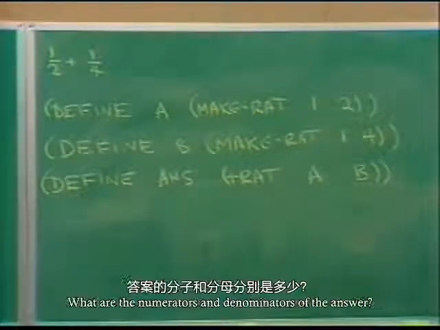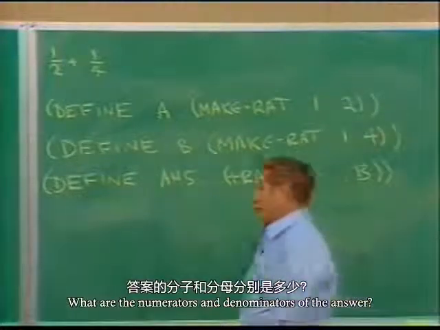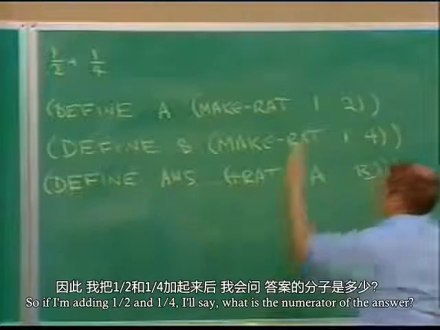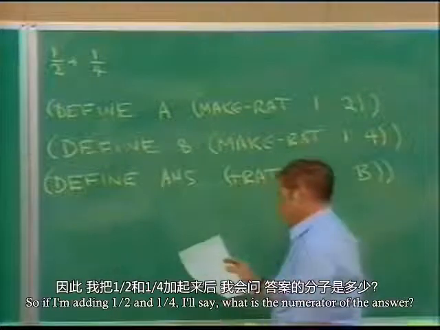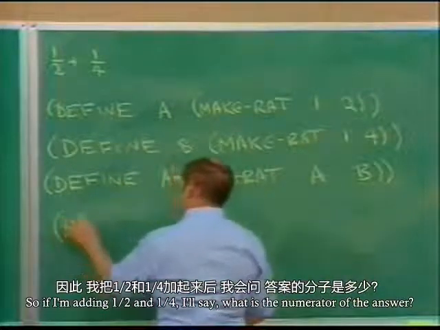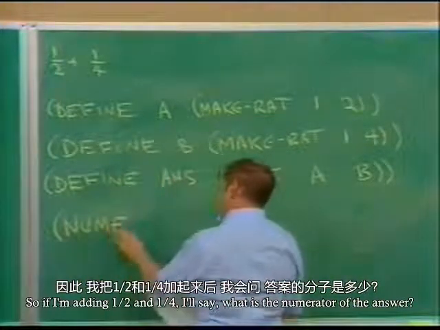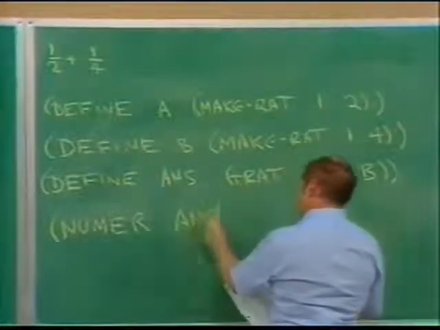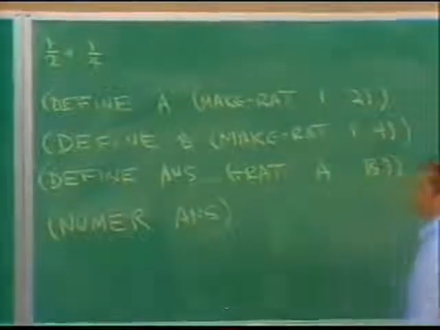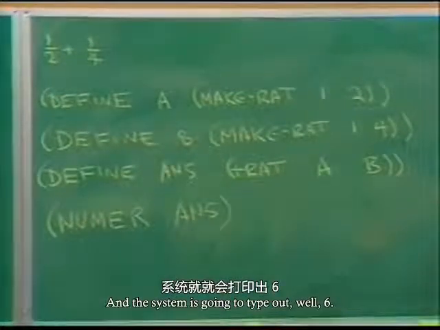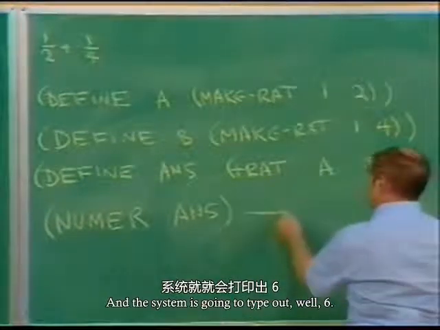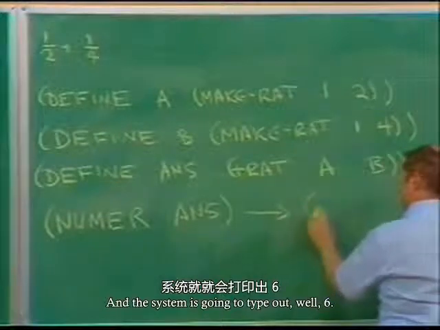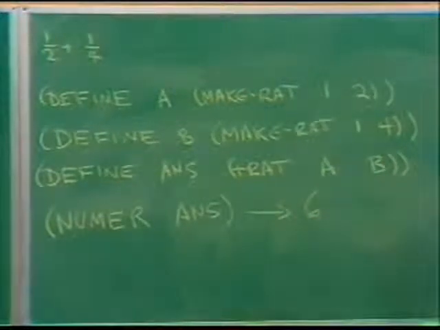And now I can say, what's the answer? What are the numerators and denominators of the answer? So if I'm adding 1/2 and 1/4, I'll say, what is the numerator of the answer? And the system is going to type out, well, 6, bad news.